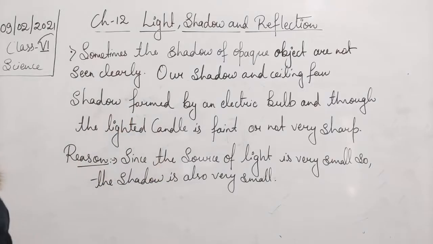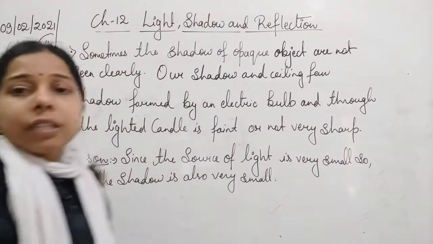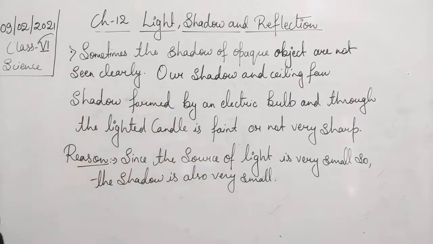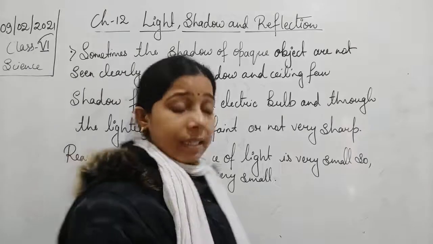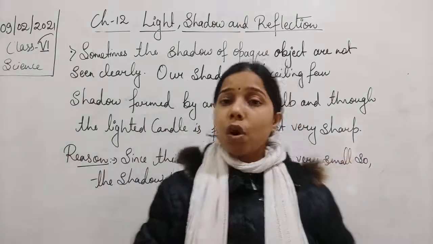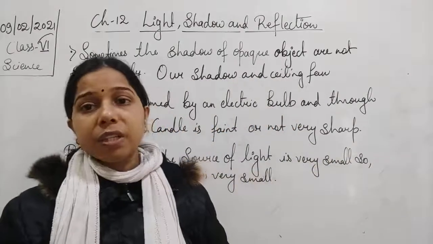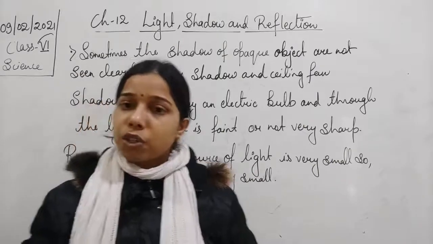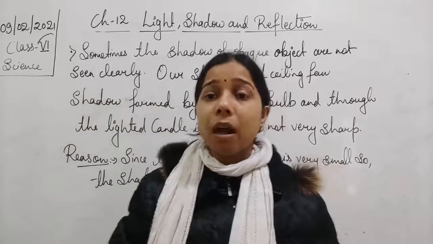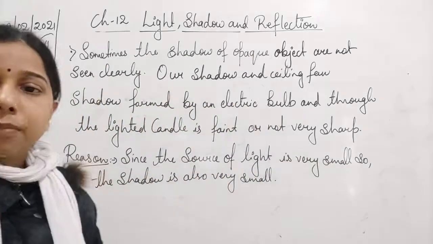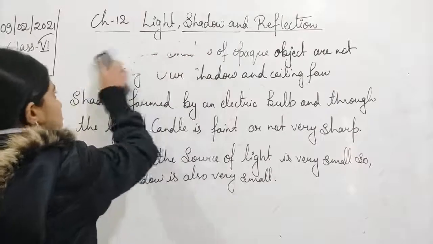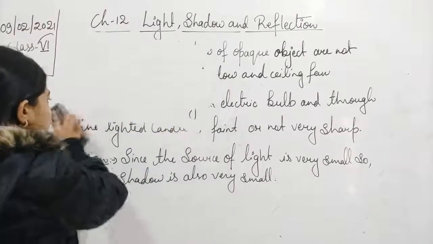Then the next one is that with the fluorescent tube light. What happened with the fluorescent tube light? With the fluorescent tube light, since it is a large object, most of the light will reach behind the opaque object, and ultimately the shadow will be a faint shadow. Okay, so we can write about the fluorescent tube light also, students.